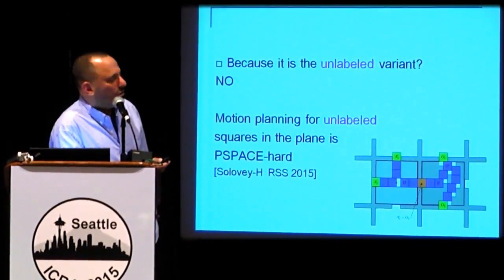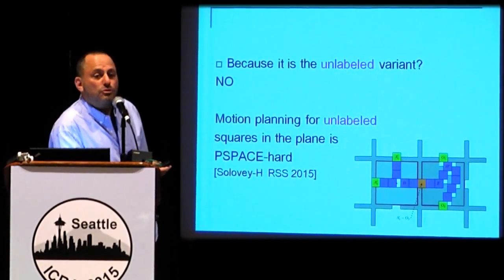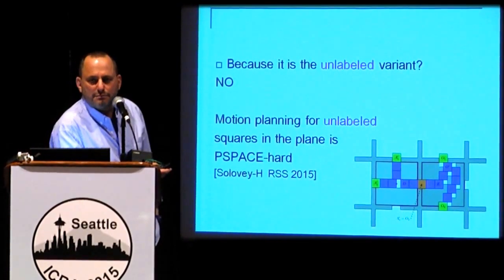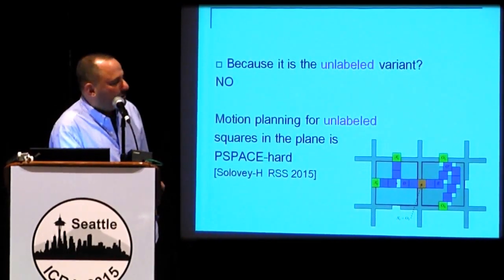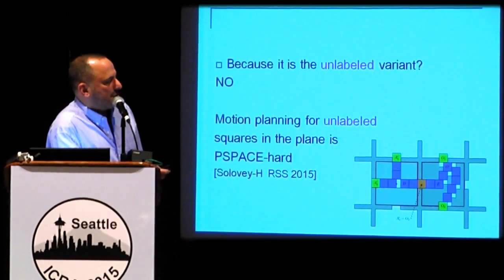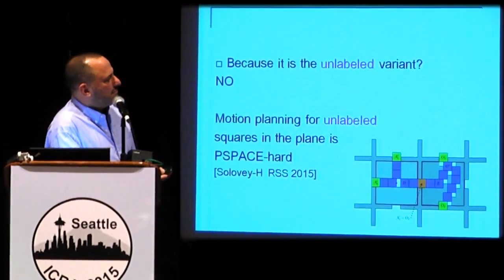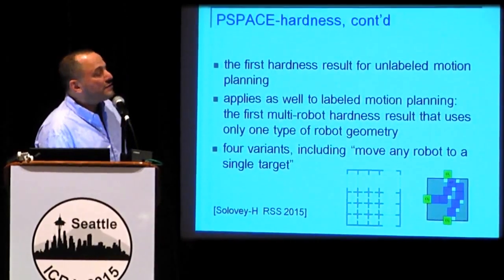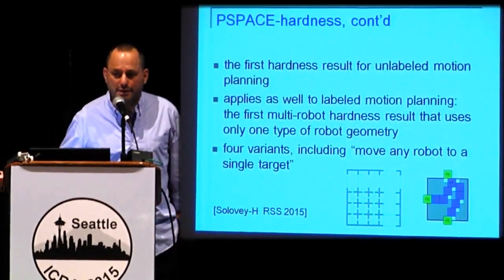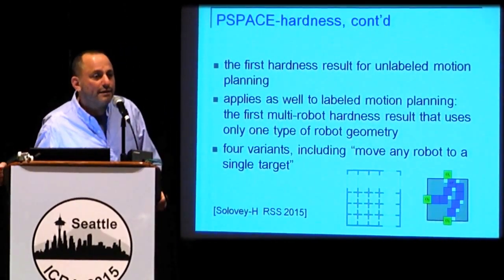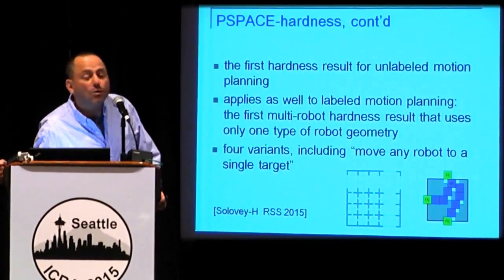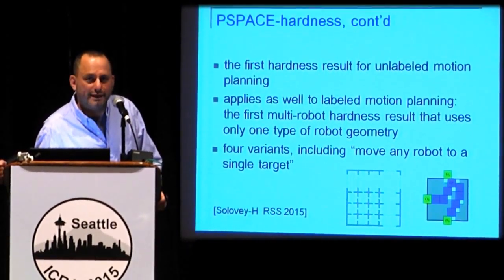We have recently shown that unlabeled motion planning for unit squares in the plane is PSPACE-hard. This is going to appear in the forthcoming RSS. Let me tell you a few words about this result. First of all, it's the first hardness result for unlabeled motion planning, but interestingly, it also applies to labeled motion planning.